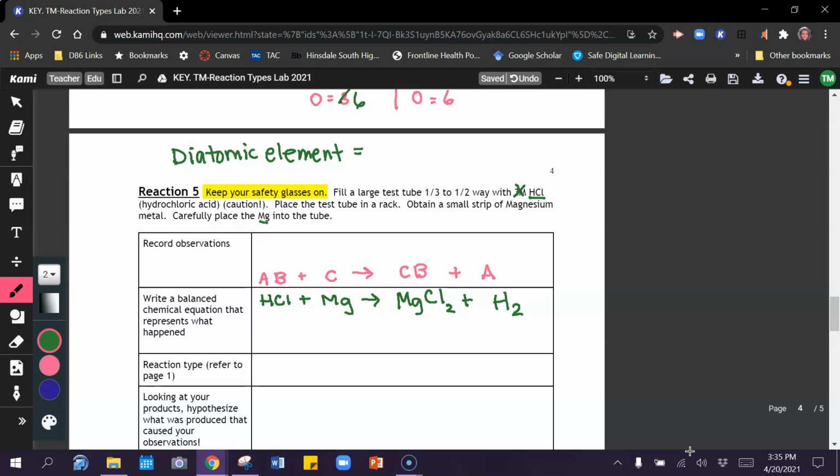Now, diatomic elements are hydrogen, iodine, bromine, oxygen, chlorine, and fluorine. And here's hydrogen. So if you've got an element standing by itself and it's one of the diatomic elements, you've got to put a little 2 next to it. Okay, so we've already figured out that this is single replacement, by the way.